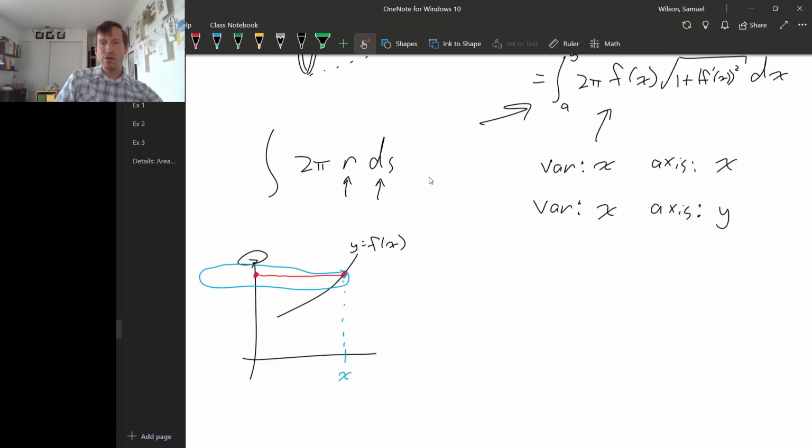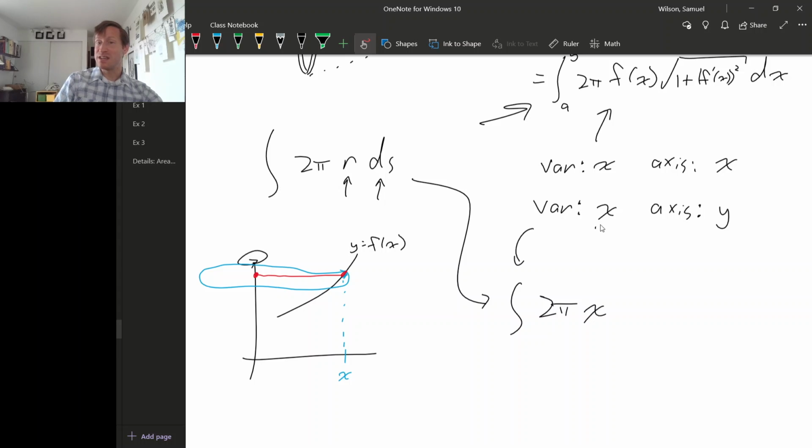Okay, so if we use this geometric formula where the independent variable is x and the axis we're rotating around is the y-axis, we're going to integrate 2 pi times the radius. But in this situation, the radius isn't f of x. The radius is this horizontal distance, but that's x. So the radius is just x in this case. And then we need a ds right here.